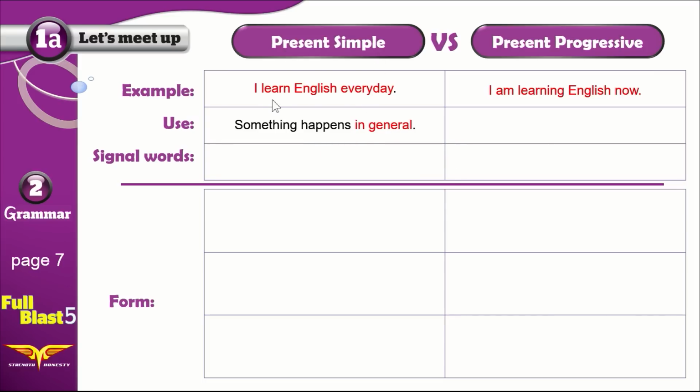Like this, you learn English every day. This is generally or regularly happens. Something like it happens every day, every month. Or let's say that you read when you have free time. So this happens in general. You say, I read when I have free time.